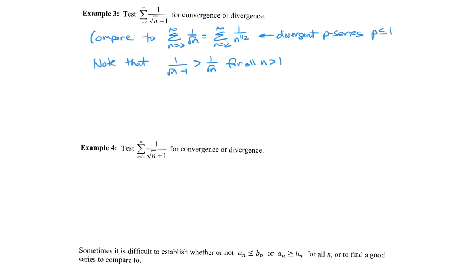Then we can say something like this. We could even use a word like thus, if you would like. Thus, this series, n equals 2 to infinity of 1 over the square root of n minus 1, diverges by the comparison test, or direct comparison test if you prefer.